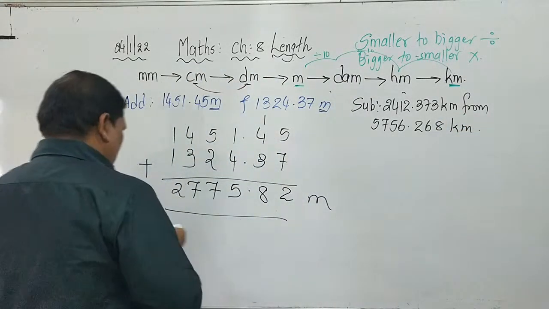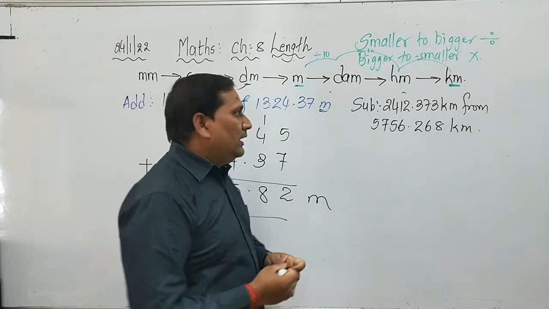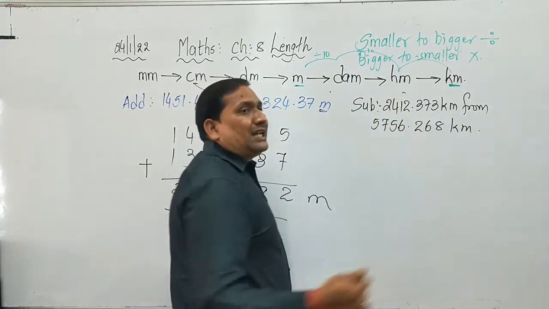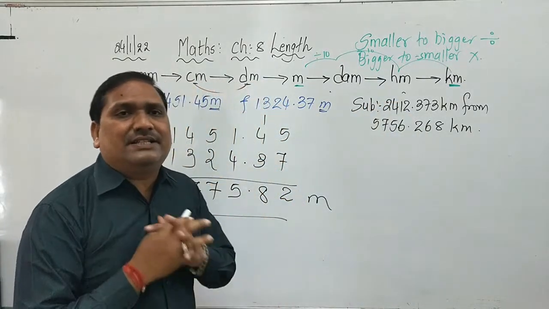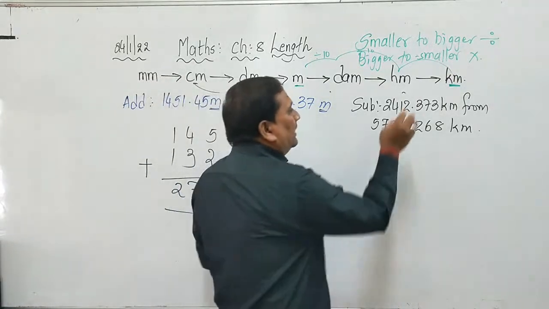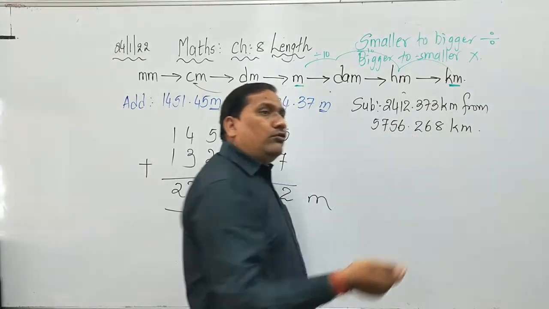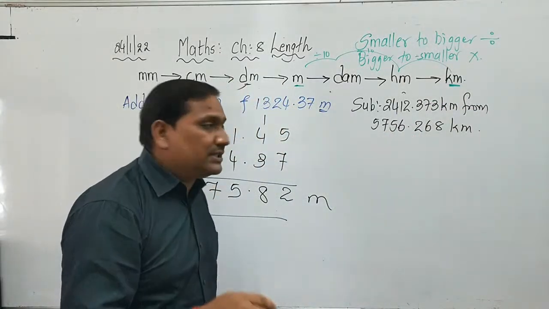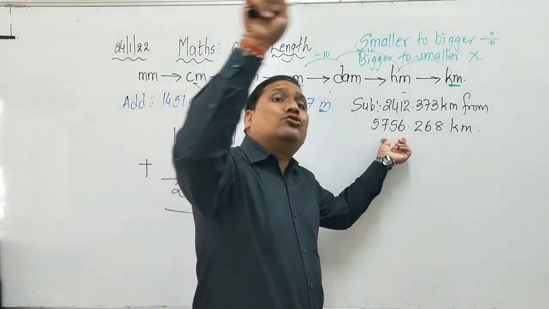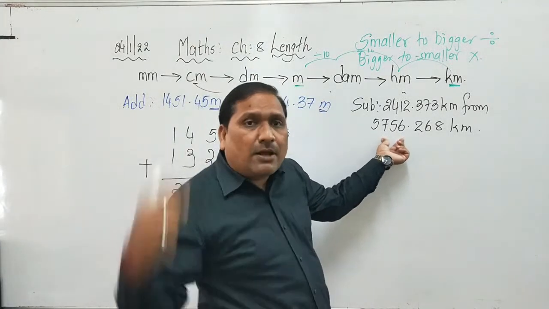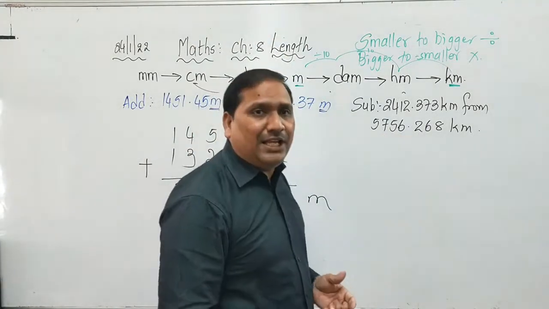So in subtraction be careful, follow what has been given as an instruction. So what is given? This we have to subtract from this. So what we should write first? From what we have to subtract, जिसमें से मुझे subtract करना है वो मैं पहले लिखूंगा.